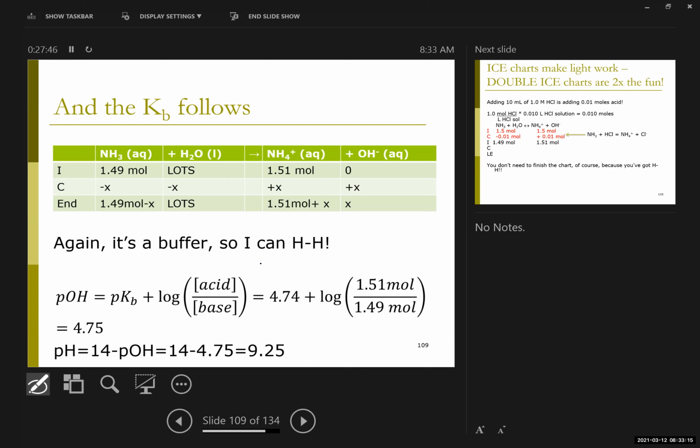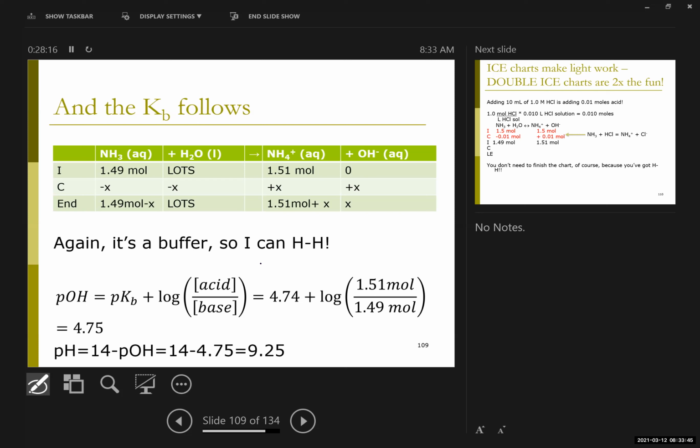And the problem with repeatedly adding something to my buffer is I keep diluting everything. If I'm using molarity, I constantly have to recalculate the molarities. On the other hand, if I'm using moles, I don't have to worry about dilution. I just adjust the number of moles. And so it's usually easier to solve these buffer problems using the moles instead of the molarity because it saves you the dilution calculation.